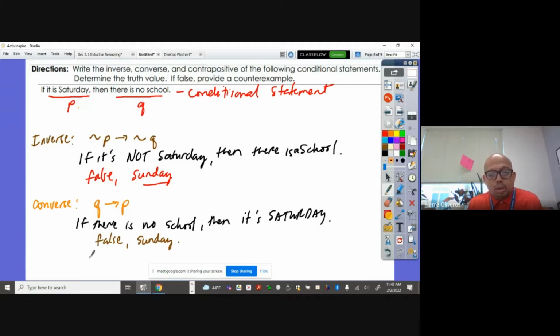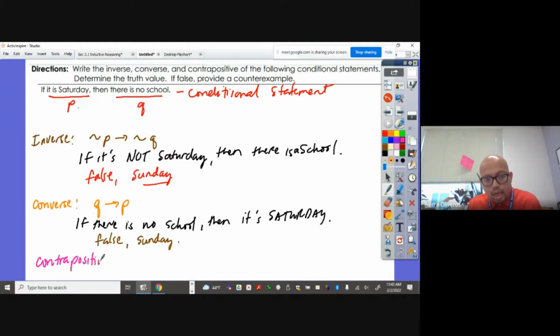Let's go now to the last one, the contrapositive. The contrapositive is when you negate the Q and the P and switch them. Basically it's just like the converse, but you negate them.